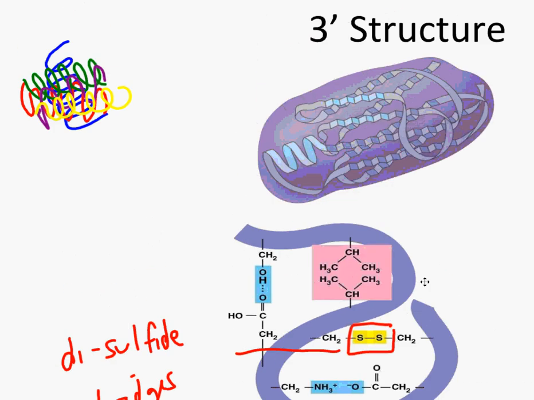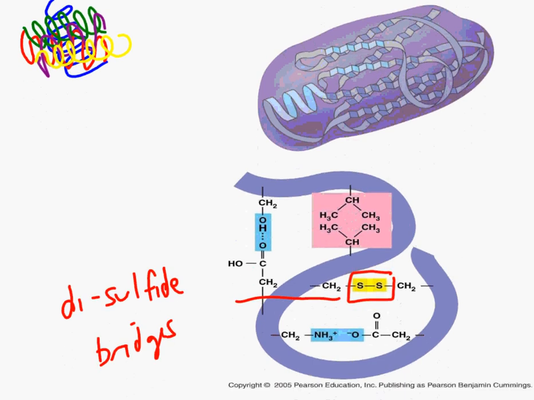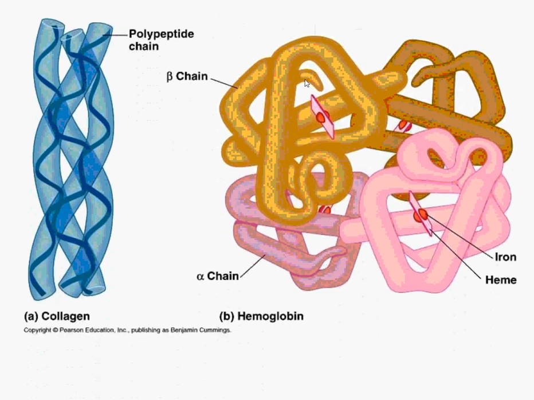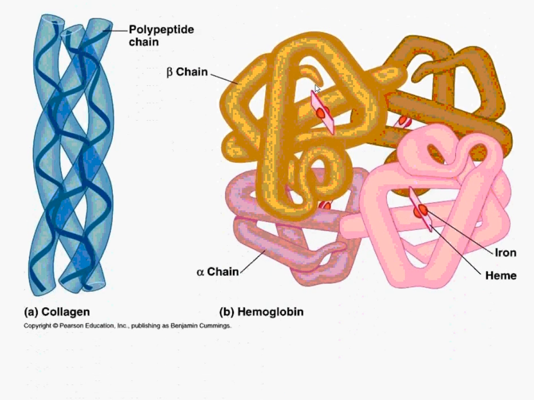So again, some proteins are done at the tertiary structure, but for others, there is another structure called the quaternary structure. And the quaternary structure is where multiple tertiary structures combine together to make one single unit. The most common example that you'll see used of this is the hemoglobin molecule found in our own blood cells.